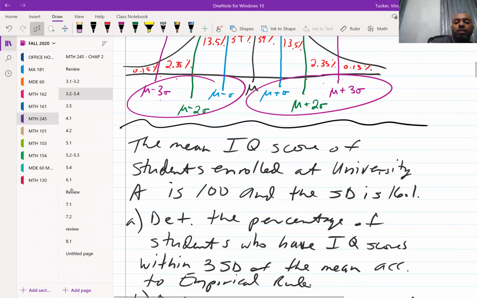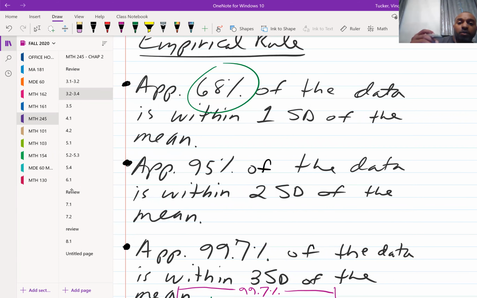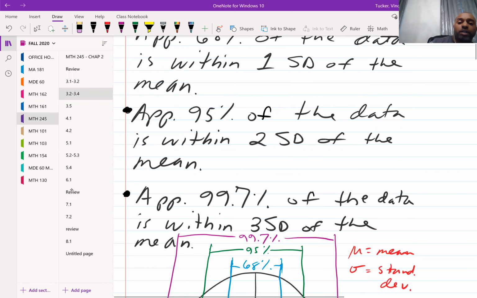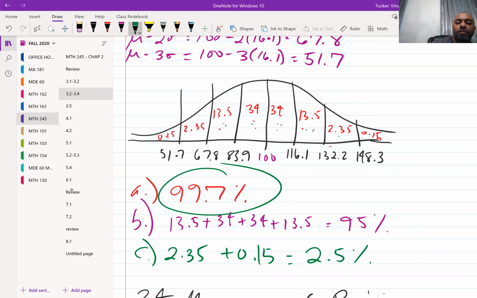So that's what that states right there. That's the empirical rule. Then going back, 95% of the students will be within 2 standard deviations of the mean. 68% of students will be within 1 standard deviation of the mean. So they were just asking you a conceptual question to the empirical rule. And that's what I wrote right here, just 99.7%.